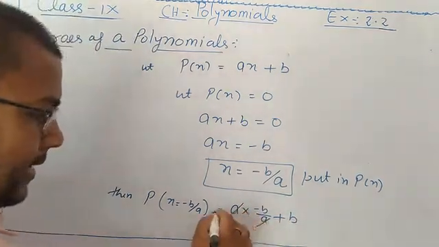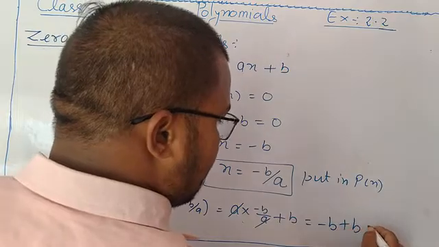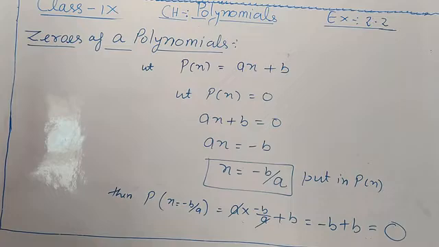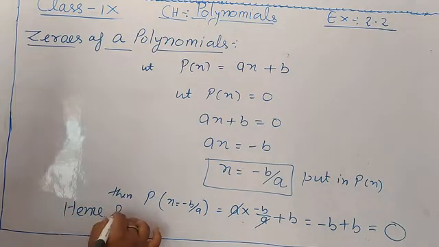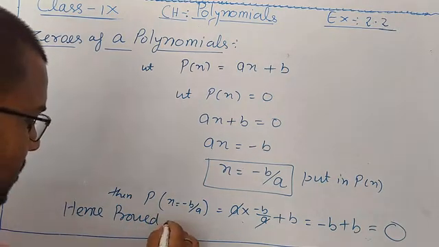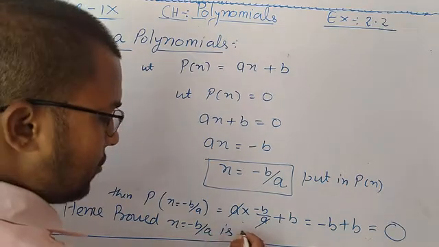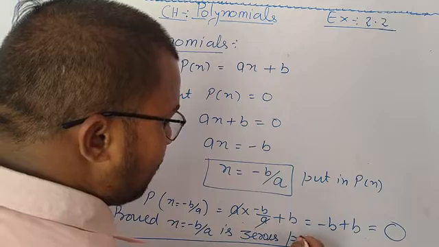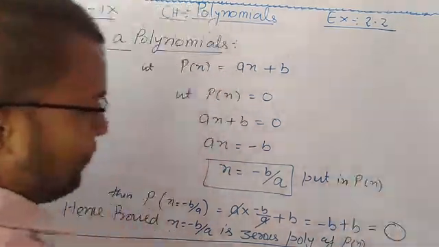Okay student, a cancels, so it is minus b plus b, which is equal to 0, hence proved. So x is equal to minus b by a is the zero of the given polynomial p(x).